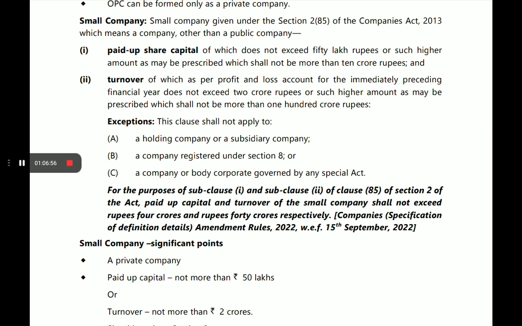Exception: this clause shall not apply to a holding company or a subsidiary company, a company registered under Section 8, or a company or body corporate governed by any special Act.